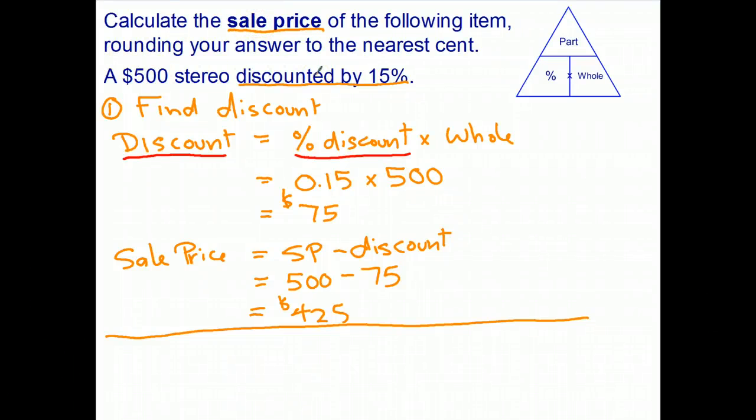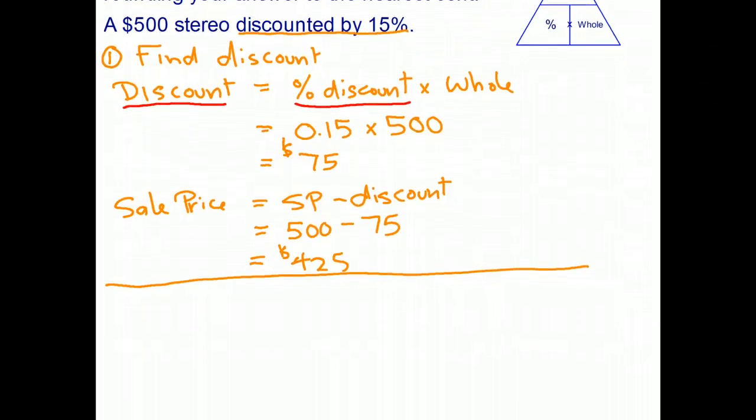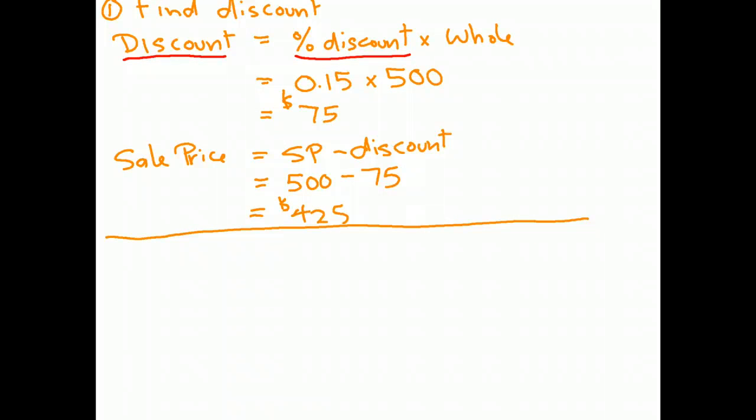The idea is if the discount is 15%, then the sale price as a percent, well, the original amount is 100%.